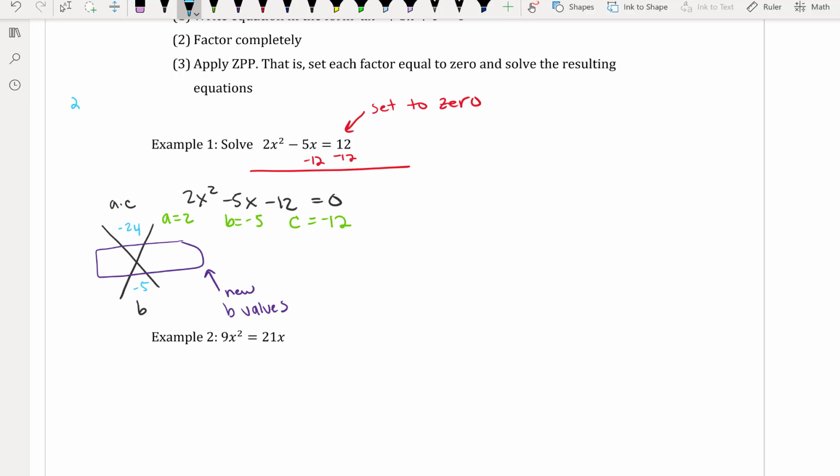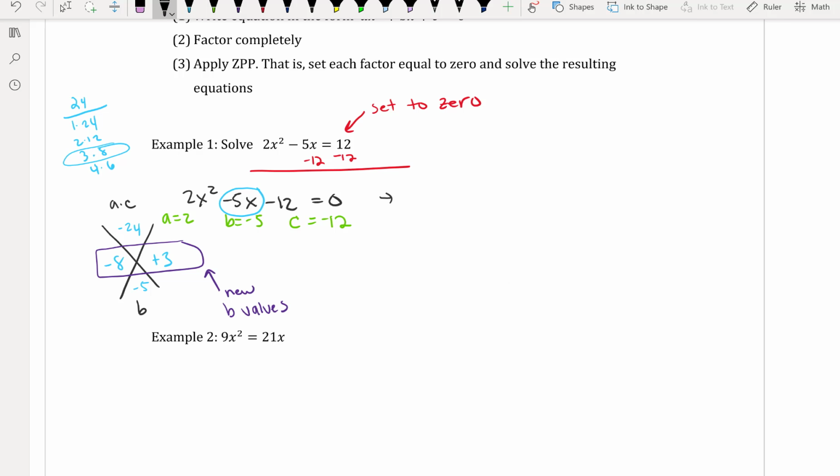If you want, you can put all your multiples of 24 over to one side: 1 times 24, 2 times 12, 3 times 8, and 4 times 6. The combination that's going to add up to negative 5 is my 3 and my 8. If I had a negative 8 and a positive 3, that gives me negative 5. So that is how I'm going to rewrite that middle term.